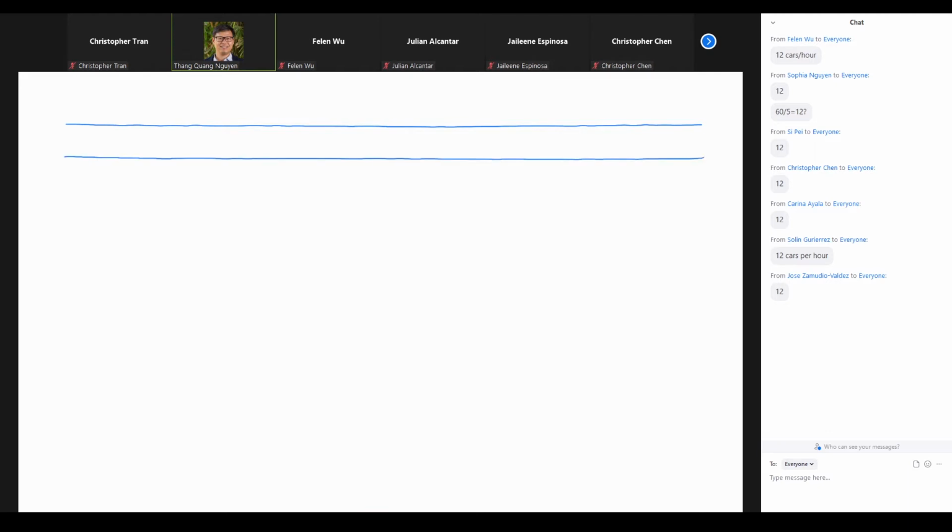Again, we have the soap station, the rinse, the dry, and we make up another column for the whole process, right? Okay, so we assume the demand rate to be 25 cars an hour.